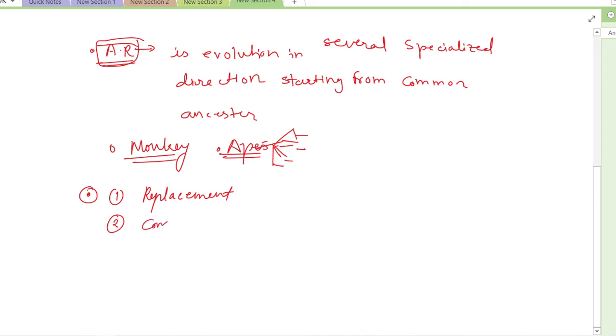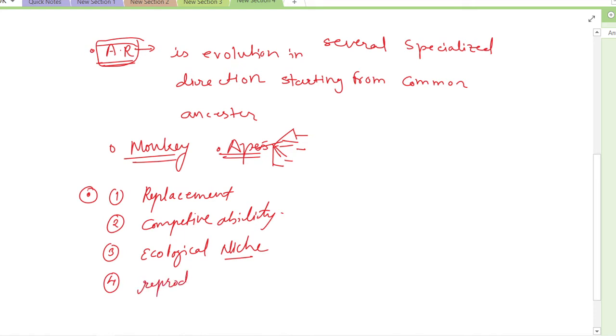Third, it prepares different forms of organisms to occupy different ecological niches. Fourth, it endows different forms of organisms with different rates of reproductive success. So these are the four things caused by adaptive radiation.